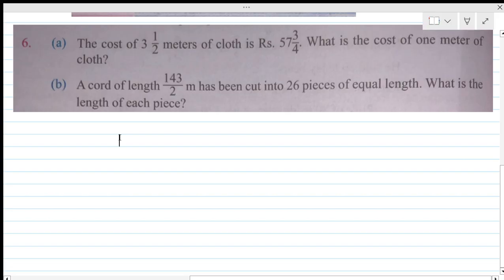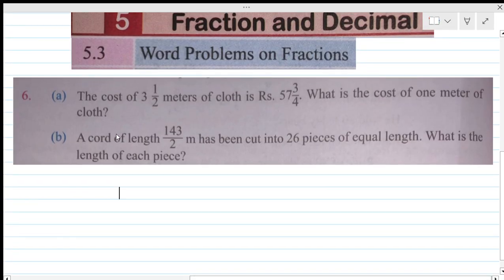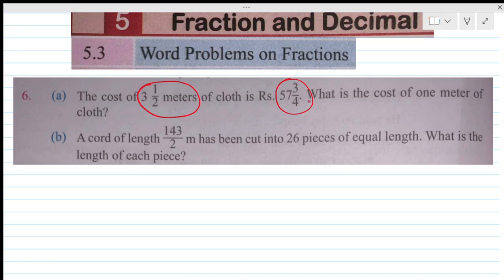Okay, what's here in number 6? The cost of 3 and 1 by 2 meter of cloth is given as 57 and 3 by 4. We are asked to find the cost of 1 meter of cloth.